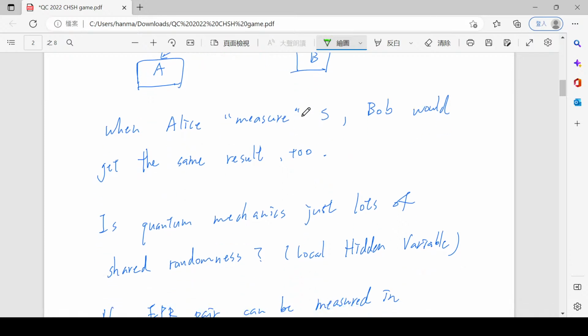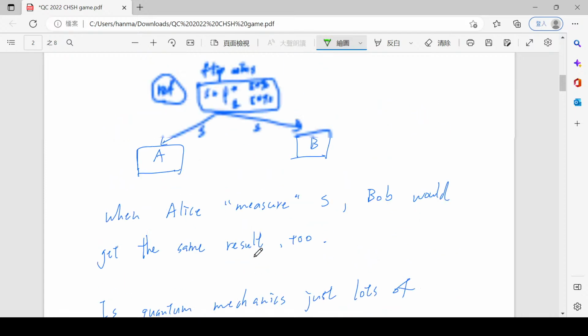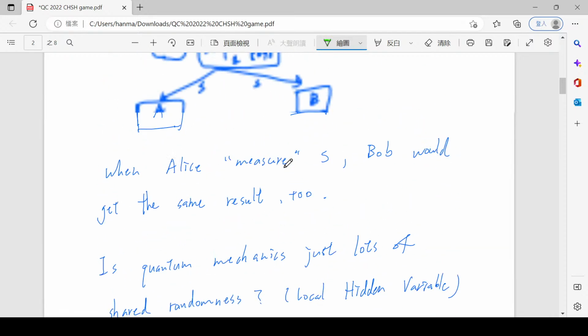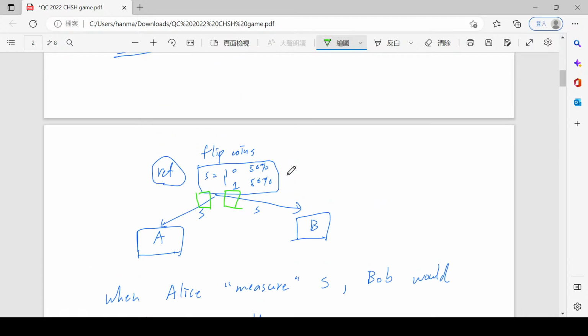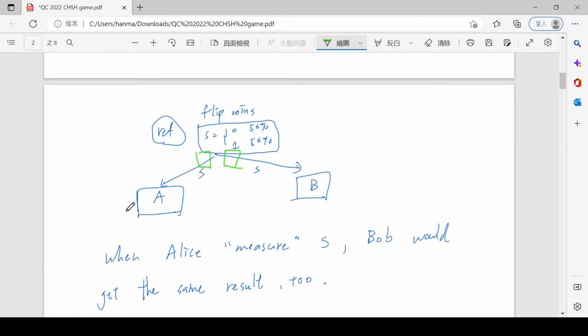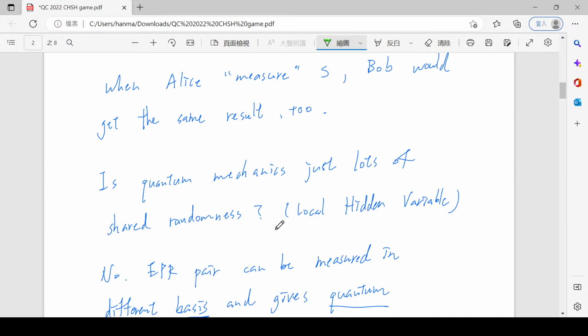Now there is this question that physicists like to ask: is quantum mechanics just a lot of shared randomness? Can you get all the quantum effects with a lot of shared randomness like this between Alice and Bob?